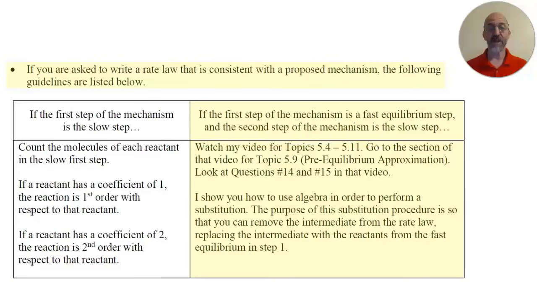So you can watch that video that I mentioned, and you can go to topic 5.9 and look at questions 14 and 15 in that particular video. So I show you how to use algebra in order to perform a substitution, and the purpose of this substitution procedure is so that you can remove the intermediate from the rate law, replacing the intermediate with the reactants from the fast equilibrium in step 1.